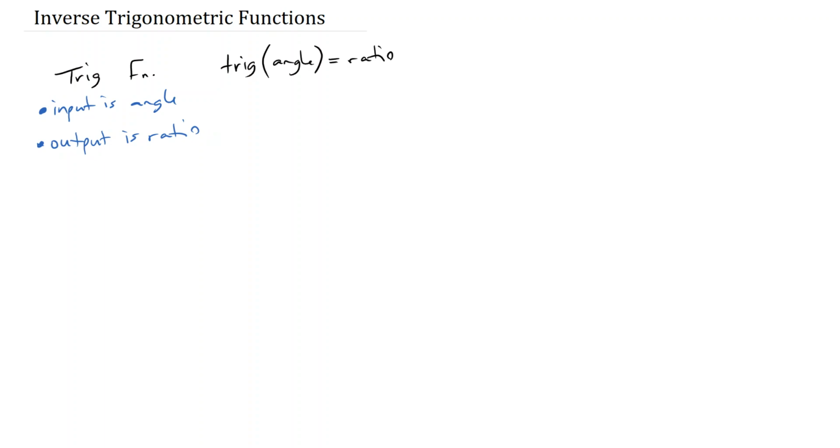So with inverse trig functions, you simply reverse those two things. Instead of a trig function, you have a trig inverse function, which uses a superscript of -1. It looks like an exponent of -1.